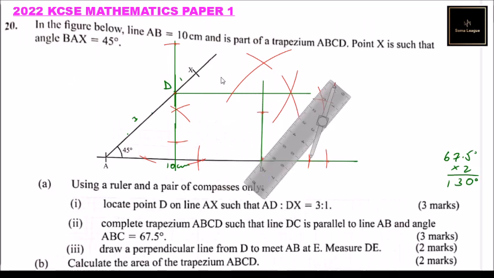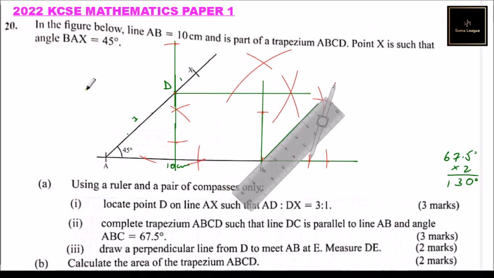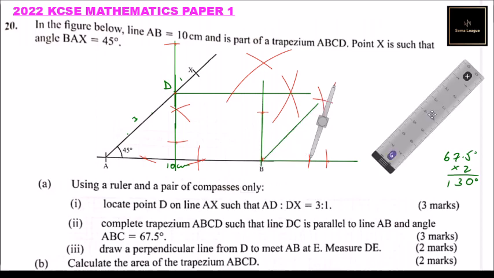So with that, let's set it properly. Then with that we bisect now this angle, and we'll be able to come up with angle 67.5.